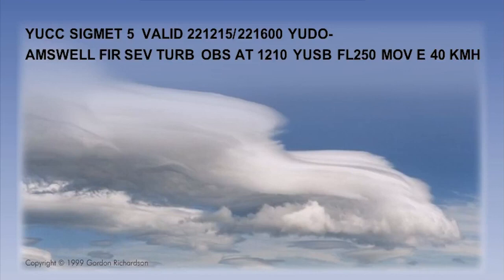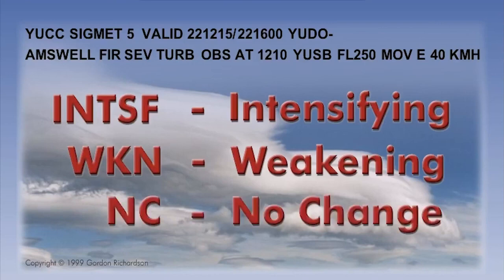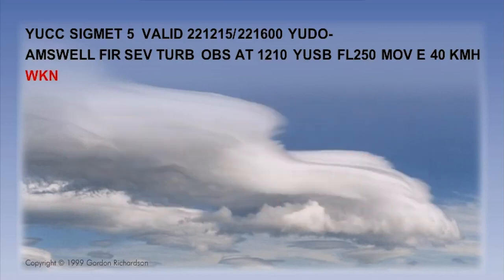Finally, an indication is made of any changes in intensity of the phenomenon, using as appropriate the abbreviation for intensifying, weakening, or no change. We've chosen weakening in our example.